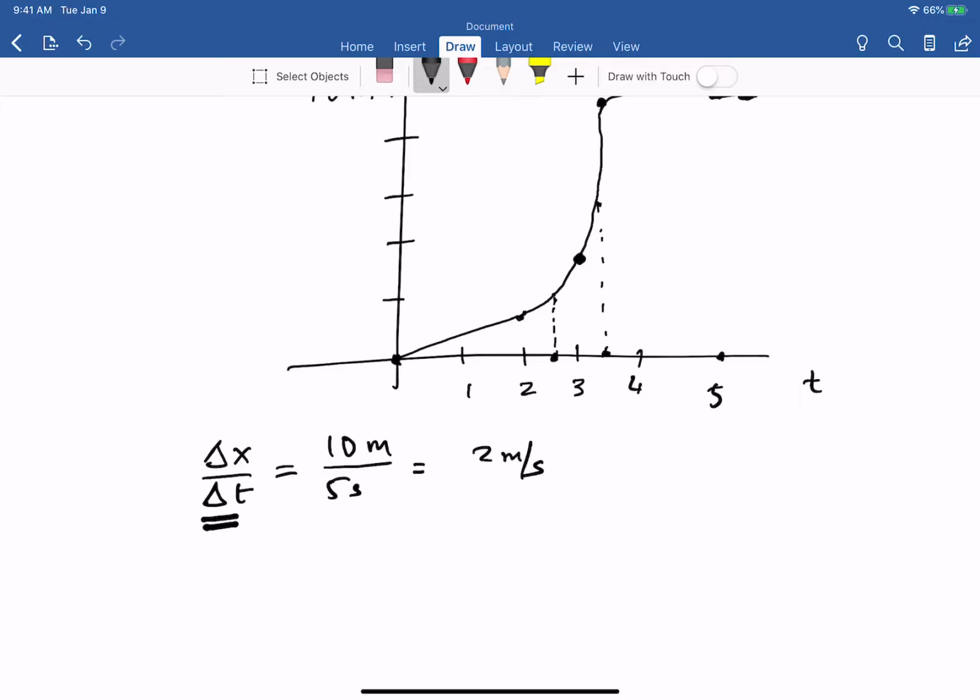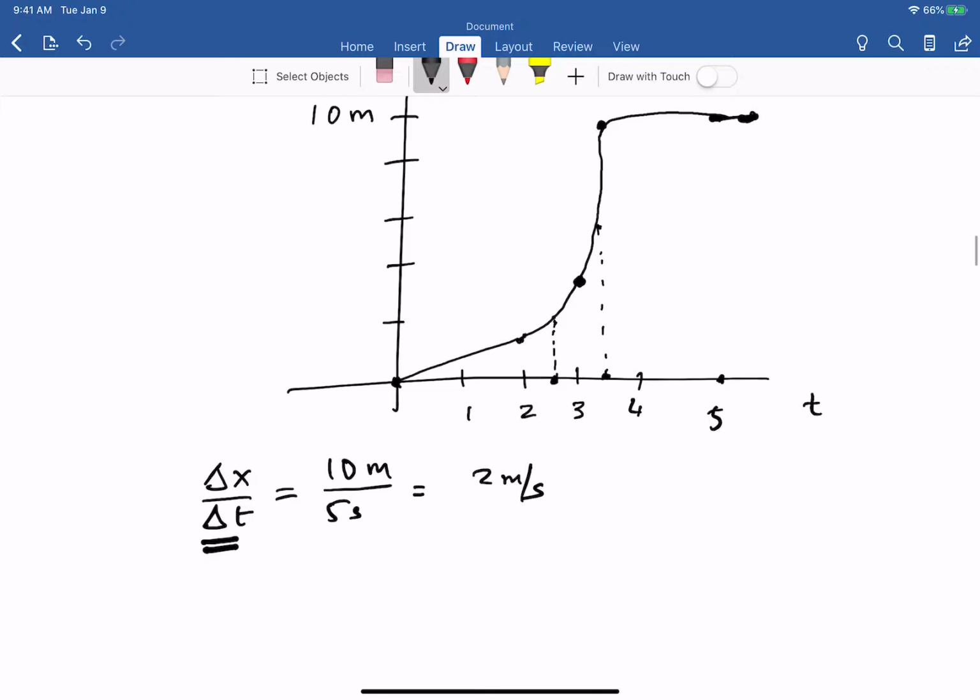The delta t is 1, and the delta x is, it's going from approximately 2 meters to 6 meters. So 4 meters in 1 second. So that gives you a higher speed of 4 meters per second, but it's not quite the velocity that it had at 3 seconds. It's an average velocity over the interval 2.5 to 3.5 seconds, right?